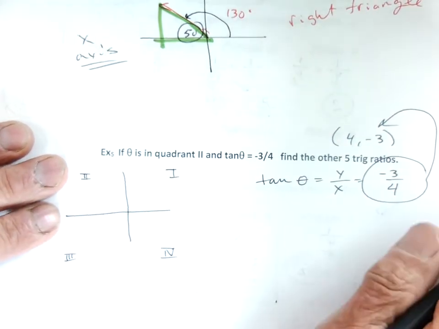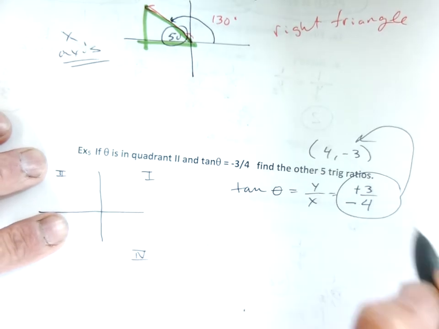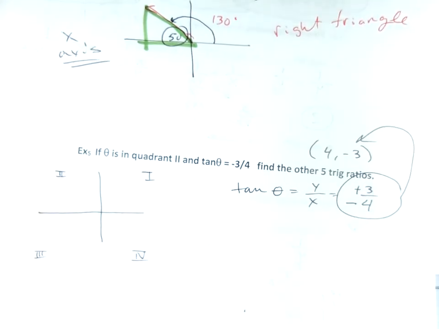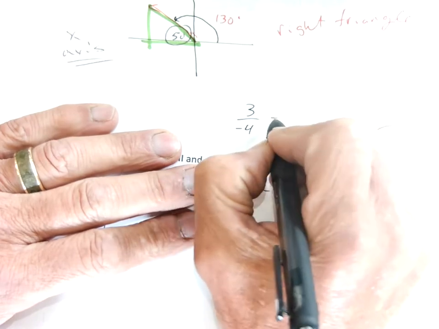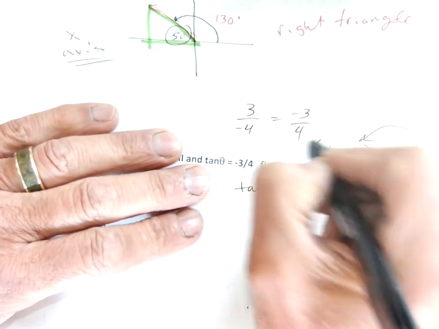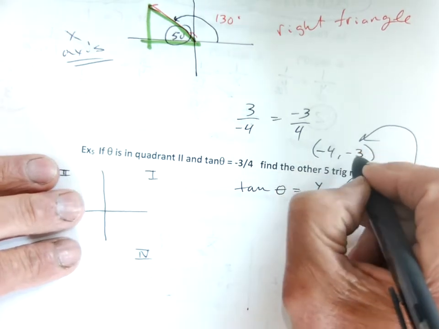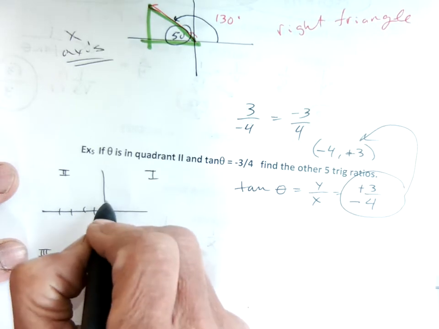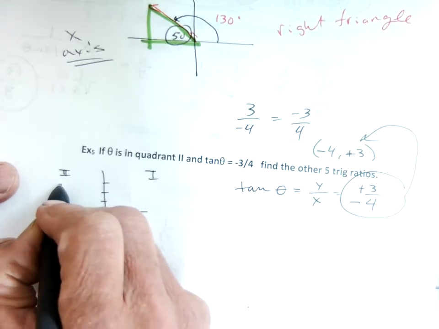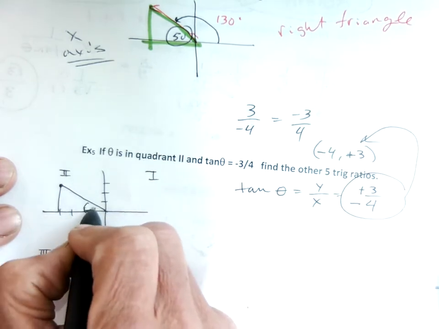But fractions can still be negative that way. Aren't those two numbers the same? So it really means the point I want is 1, 2, 3, 4. 1, 2, 3. And I get a triangle right there.